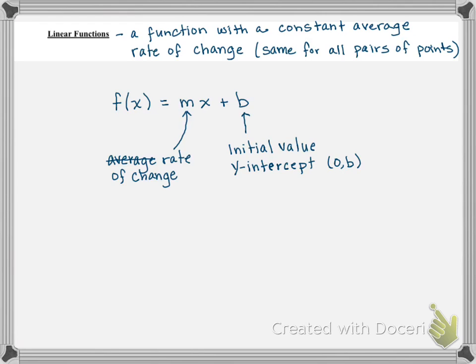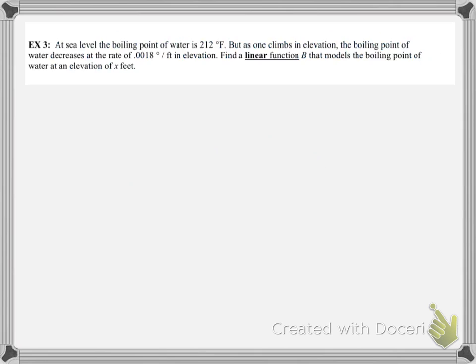It's always the same. And this is also known as the slope of the line. So you've probably seen this, the y equals mx plus b before. We just want to relate that to the applications that we're looking at. You guys got this? Okay.